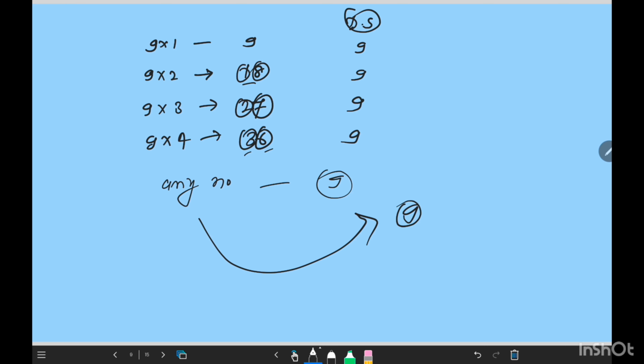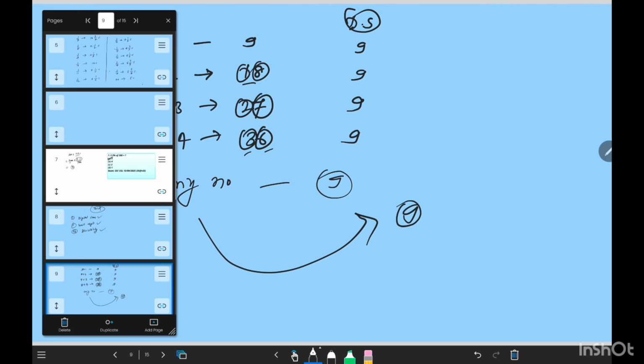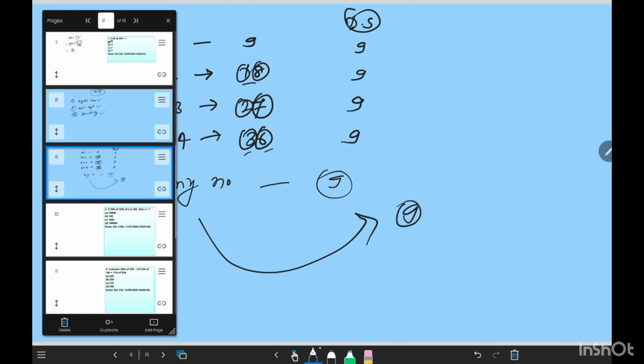So this should be in our mind, that whenever we are multiplying any number with 9, the digital sum of that particular number will be 9, right? Using this trick we can solve so many questions, and looking at the options we will be able to get the answer if we have this much concept, right?